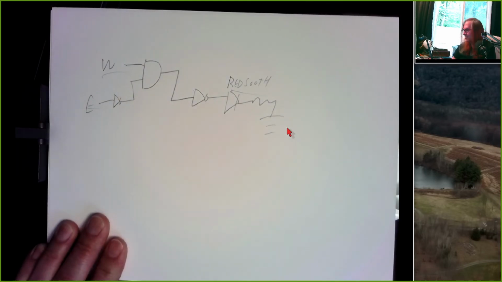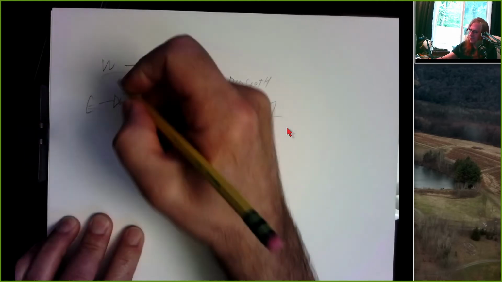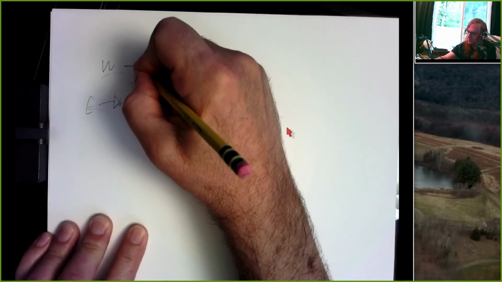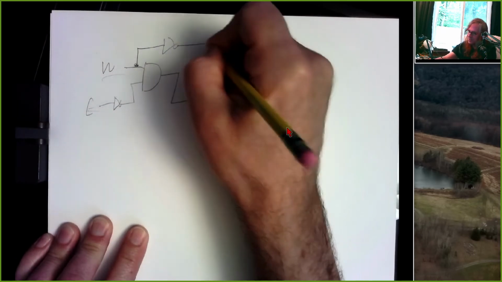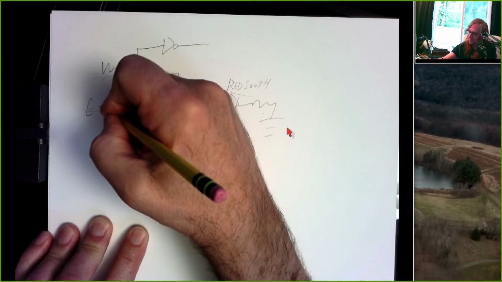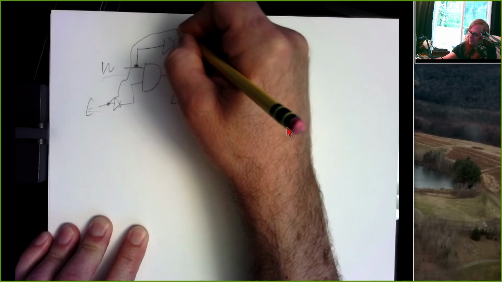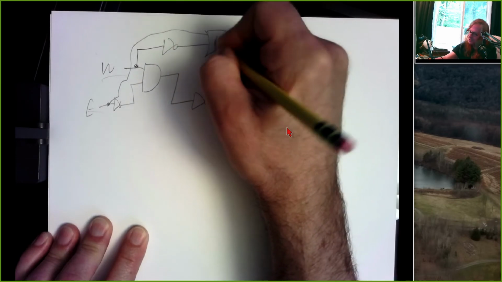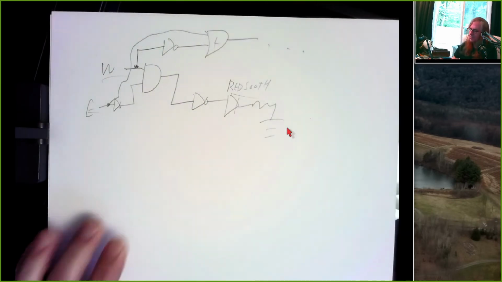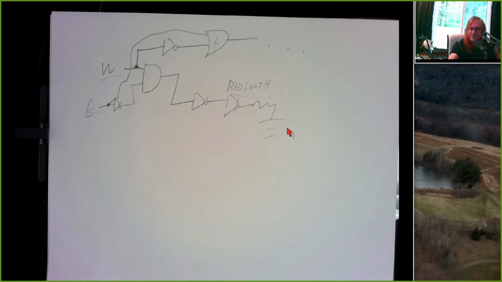They have to be in my equations. They have to be in my truth table, and so on. And then maybe west goes into an inverter up here, and maybe east comes up here, and maybe those go through an OR gate, and this goes somewhere else, and so on and so forth, right?